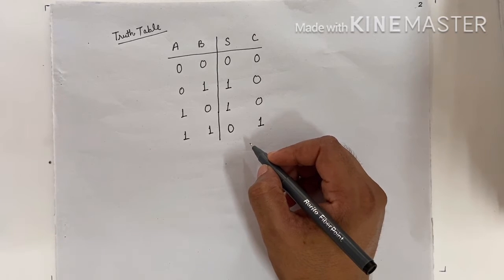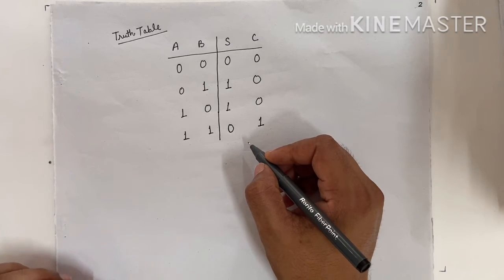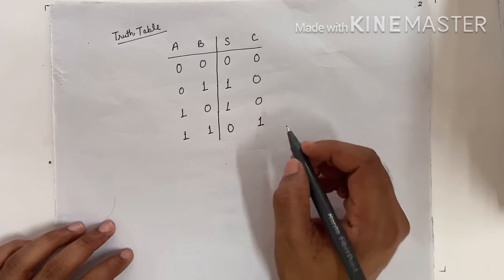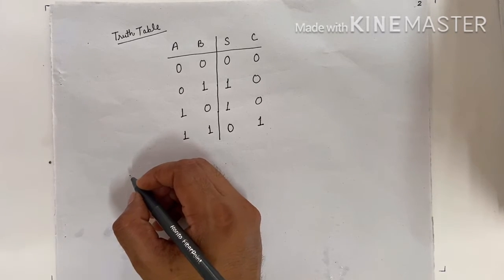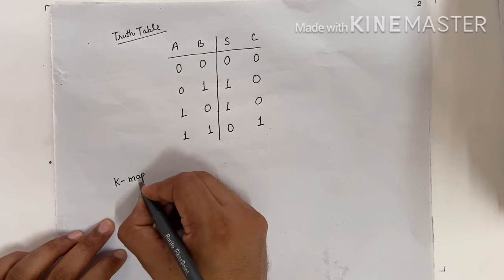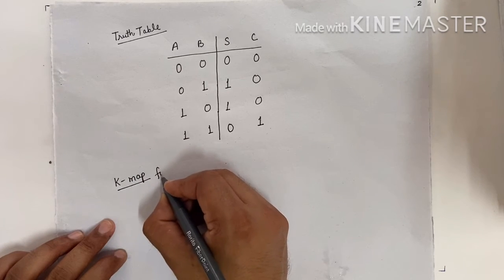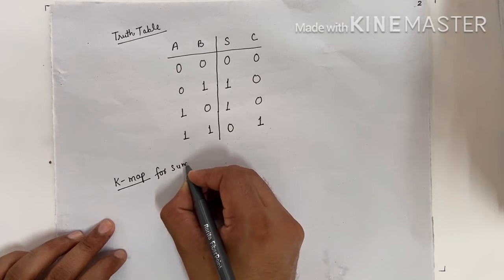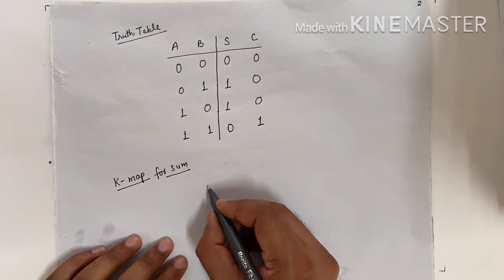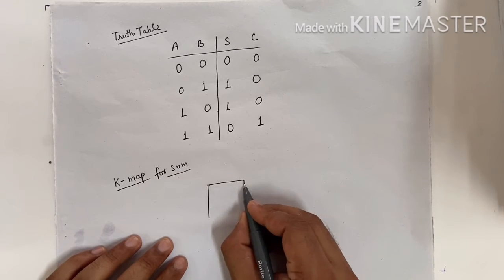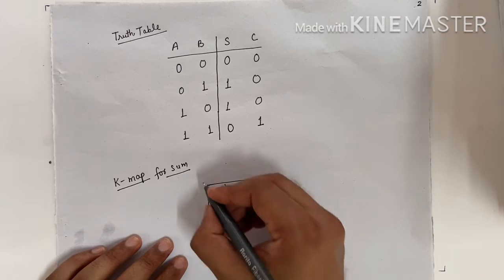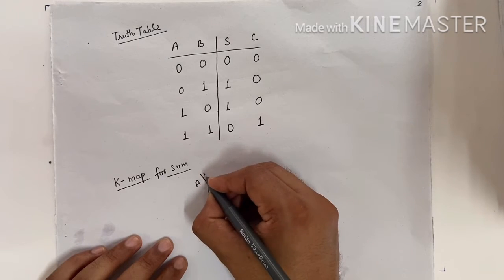Now after developing the truth table, we develop the K-map for simplification of the Boolean expression. There are two K-maps. First K-map is for sum. There are two variables, and for a two variable K-map we have 4 cells. We mention A here and B here.